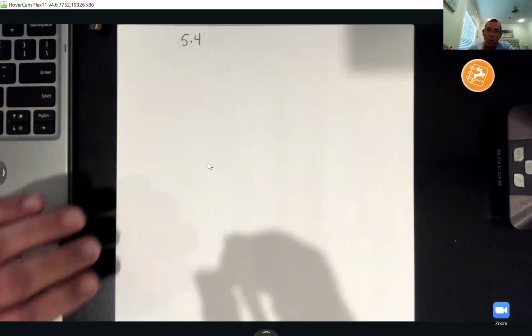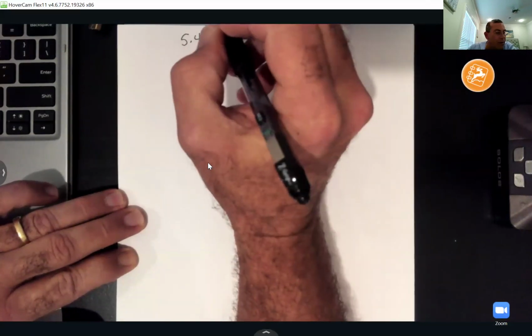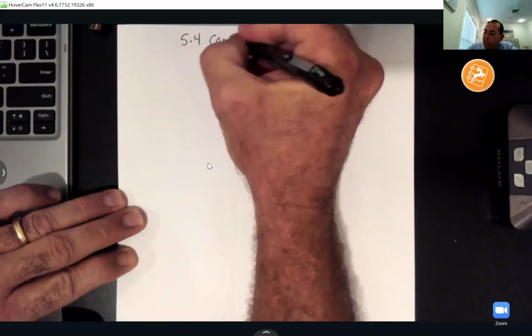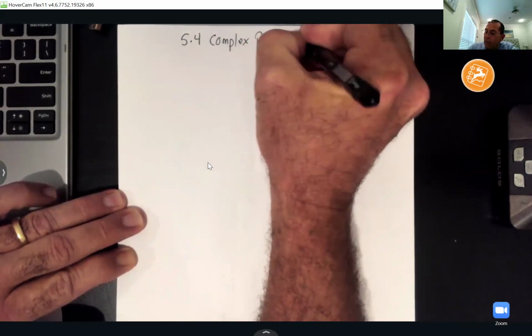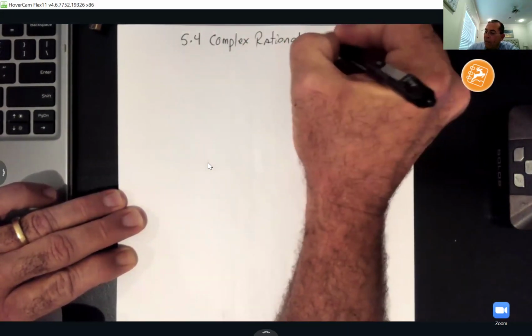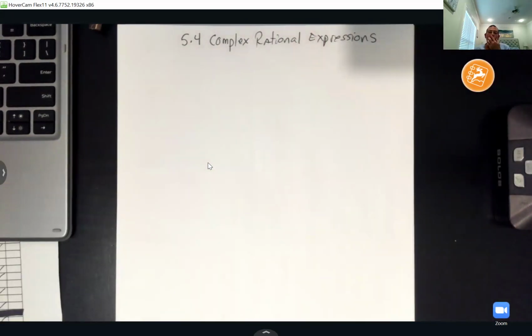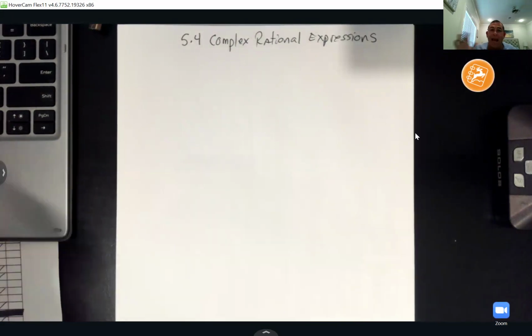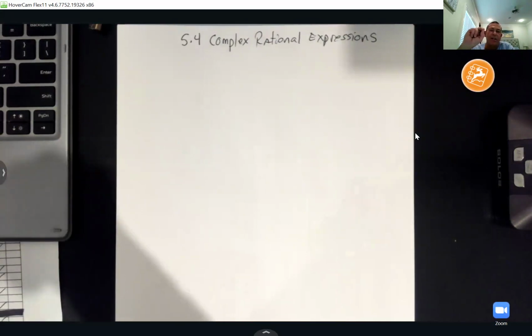Now, 5.4 deals with what we call complex rational expressions. So pretty much fractions. When you see rational expressions, you know you're dealing with a fraction. But y'all, listen, we're only going to play with one formula in this section.